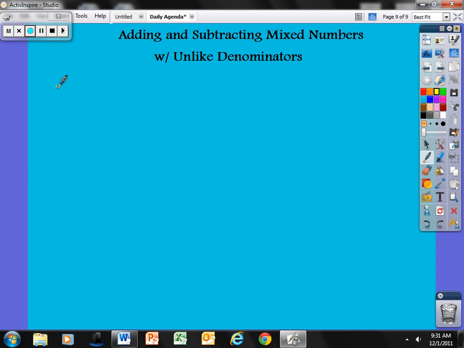Let's go with 6 and 1/5 minus 4 and 3 sevenths. Okay. Whole numbers are staying. I'm going to look at my denominators. They are different.